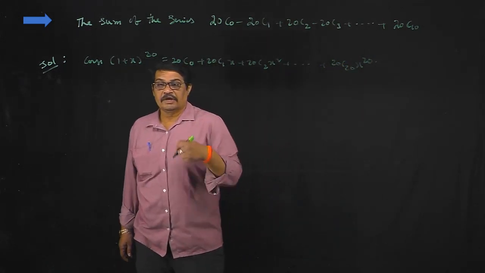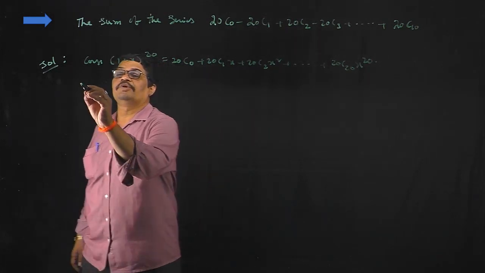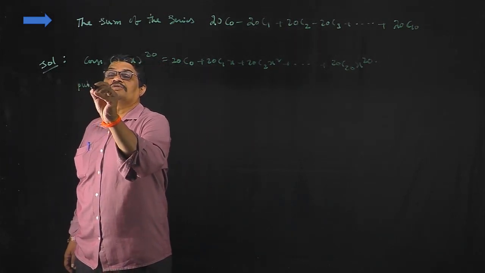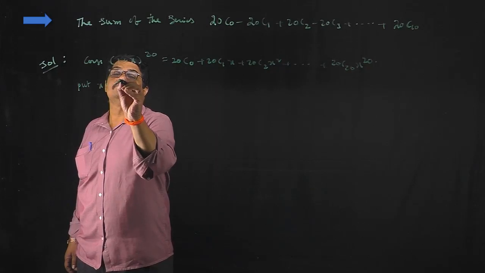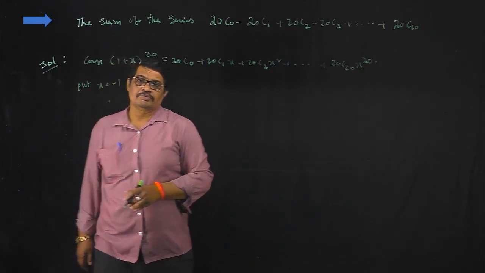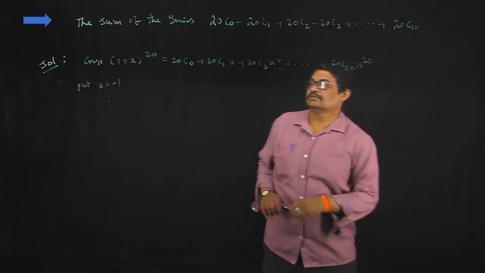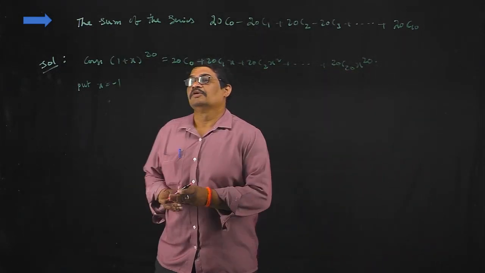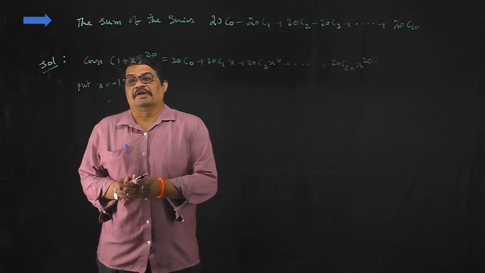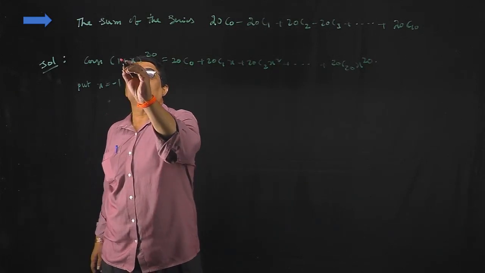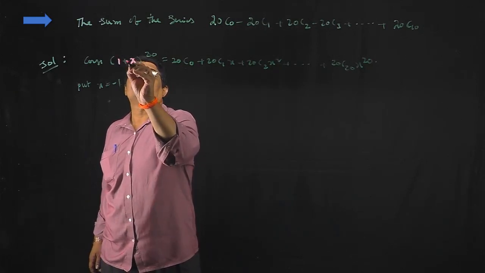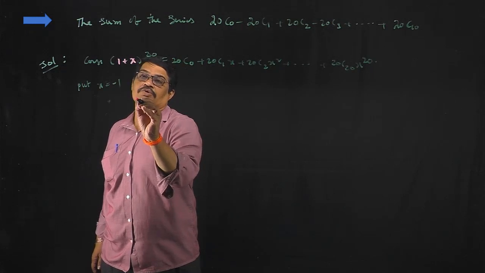In that expansion, now I have to substitute x is equal to minus 1. Then we are getting minus 1 and 1 cancelled, so the term (1 plus x) is 0.